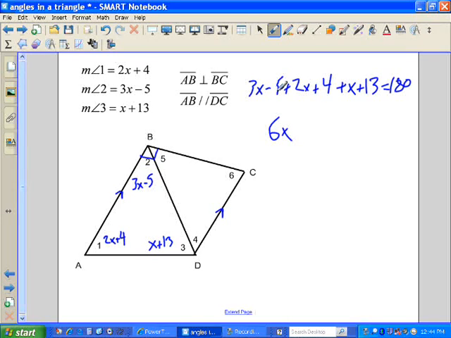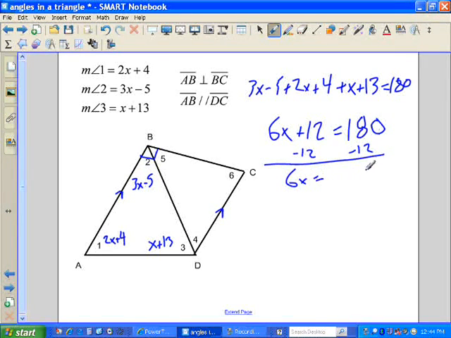I've got negative 5 plus 4 is negative 1. Negative 1 plus 13 is positive 12. 6x plus 12 equals 180. Subtract 12 from both sides. I'm left with 6x equals 168. And then I do the division.